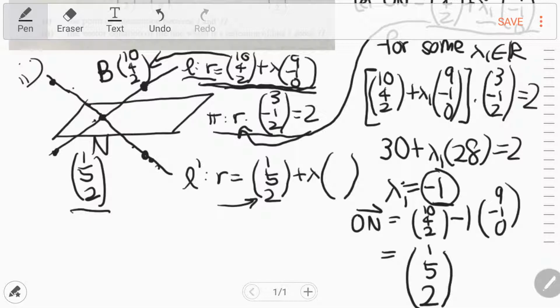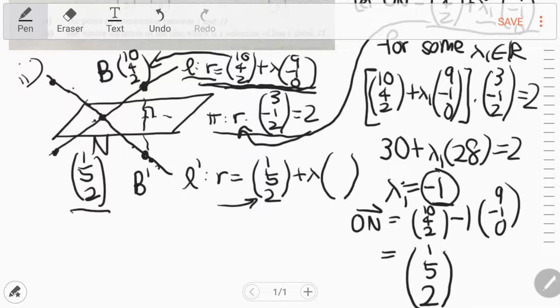Then the reflected point of this, I'll call it B prime, and the line joining them will make a right angle with the plane. This is because if the plane is the mirror, imagine putting your hand to the mirror and holding the hand of your image, you always form a line that is perpendicular to the plane.